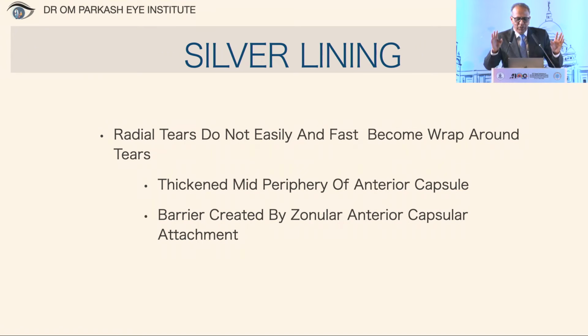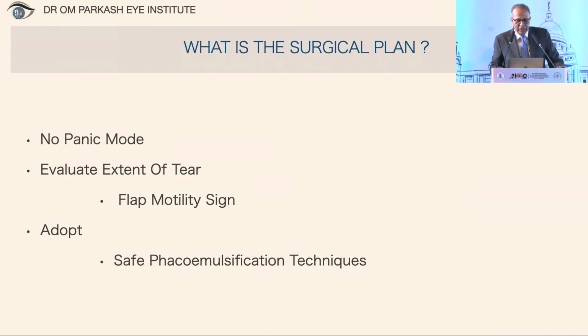These two things are positive, but that doesn't mean we should not take care of it. The first thing to bear in mind is no panic mode. Because what I have seen is whenever there is an anterior capsular tear, the first thing that comes to people's minds is let's convert. No, there's no need.